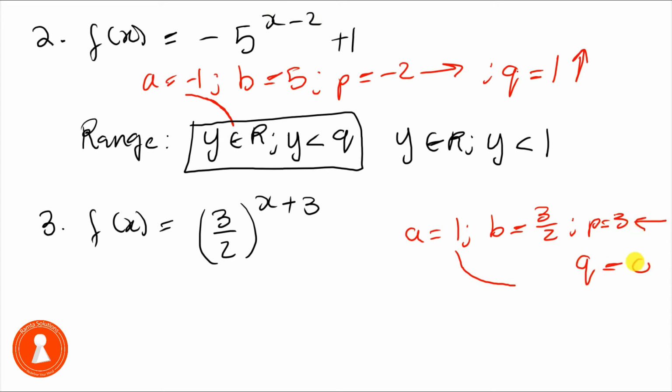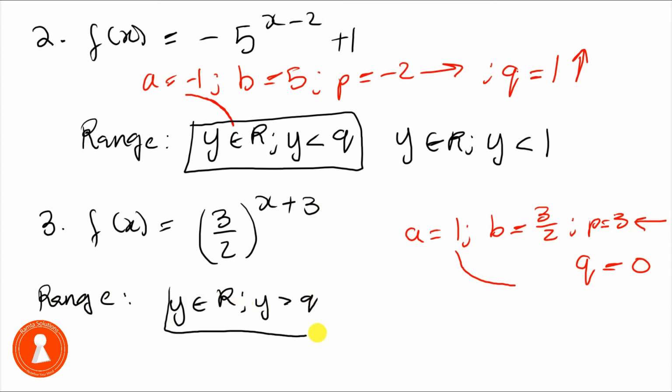Q is 0. Now our range will be y is an element of real numbers, but a is positive, so it'll be greater than q. So our answer is y is an element of real numbers, but y is greater than 0.